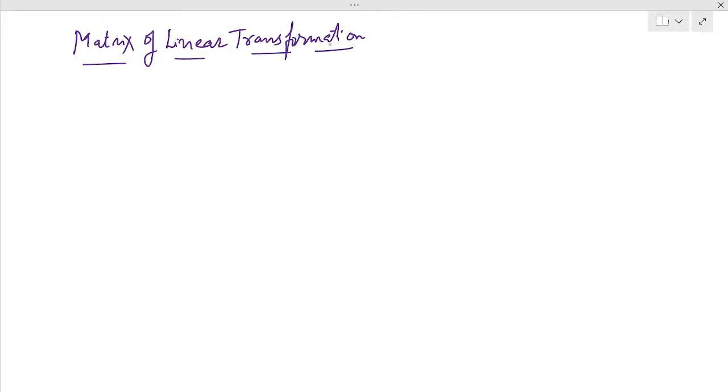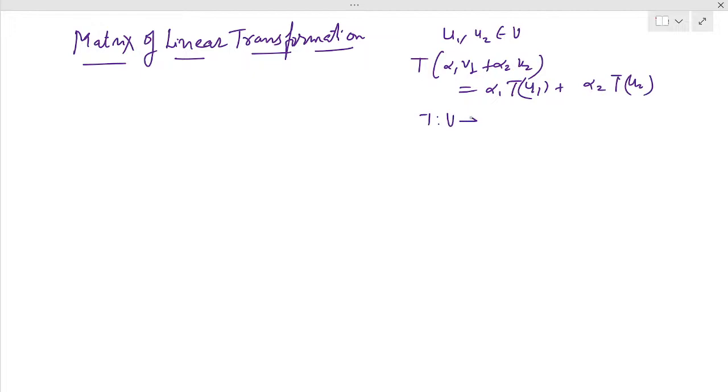Till now we have studied what a linear transformation is. Let u1 and u2 belong to U, and T be a mapping defined from U to V such that, where alpha 1 and alpha 2 belong to field F, this definition holds.